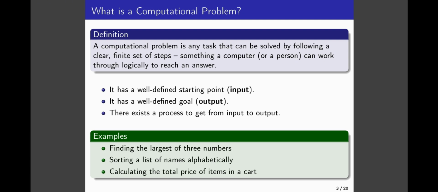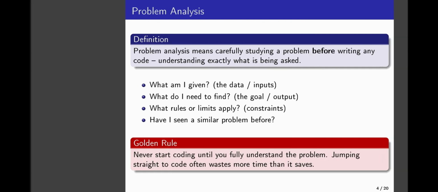It has a well-defined starting point, which is the input, and a well-defined goal, which is the output, and there is always some process that gets you from the input to that output. Some examples are finding the largest of three numbers, sorting a list of names alphabetically, or calculating the total price of items in a shopping cart. All of these fit the same pattern: something goes in, something happens, and a result comes out.